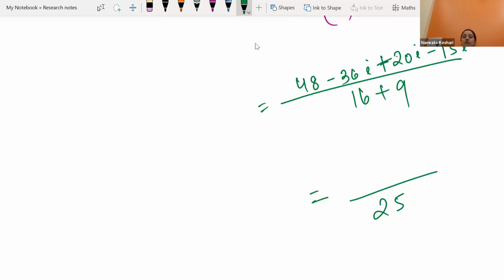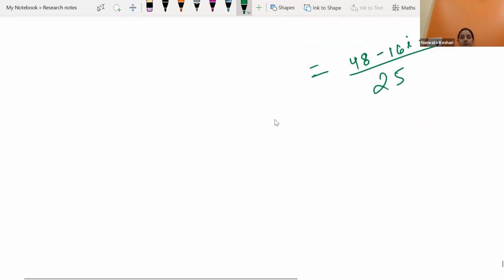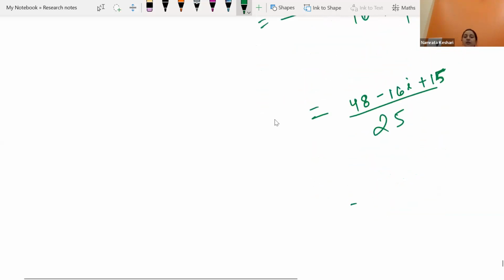Denominator is just 25, numerator is 48, minus 36i plus 20i is minus 16i, minus 15i square will be plus 15. Okay, let's continue. We are going to have 48 plus 15. 48 plus 15 is what? Please tell me quickly. Please do the addition and tell me.